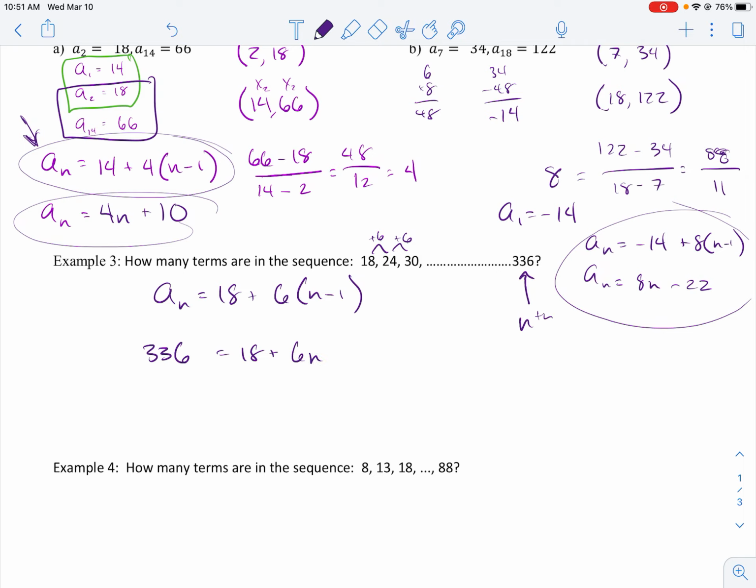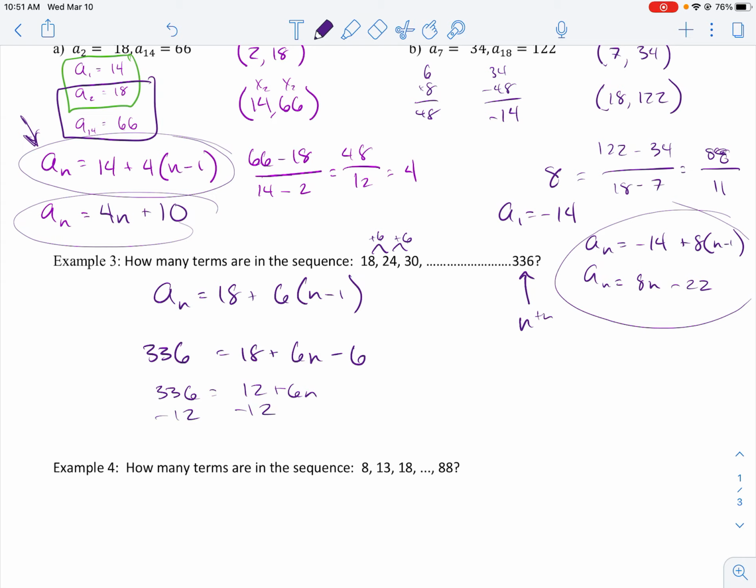And now I'll distribute that 6. Now we just need to solve for n, and that will give us which term 336 is in our sequence when we list the sequence out. So we're going to combine like terms here on the right.